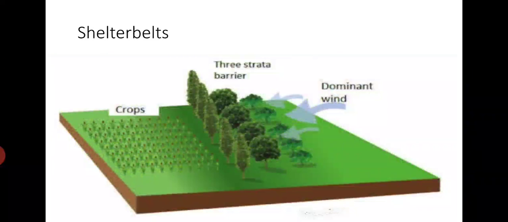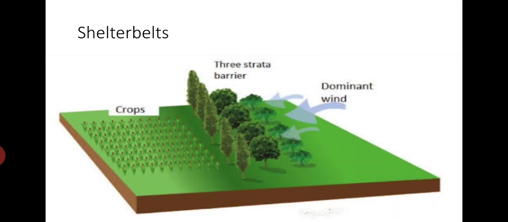In shelter belts, we plant trees in 3 strata, which check the speed of dominating winds and save the crops as well as the soil of that area. With this shelter belt, we have completed soil erosion.